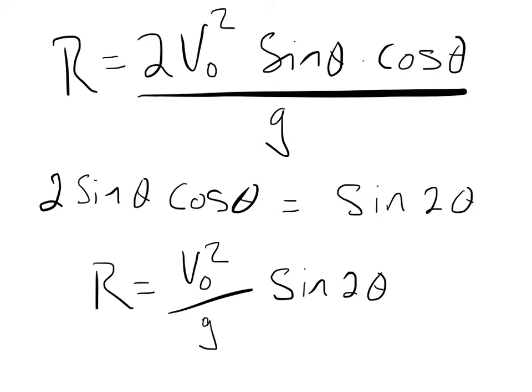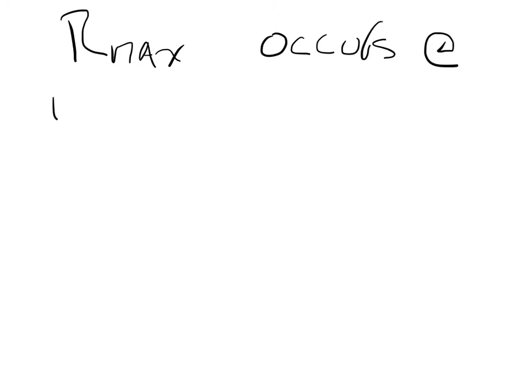So now a really important question. To get a maximum R, R max occurs at what angle? At 90 degrees, 45 degrees? Which is it? Okay, great. So I noticed that it had this sine 2 theta in it.